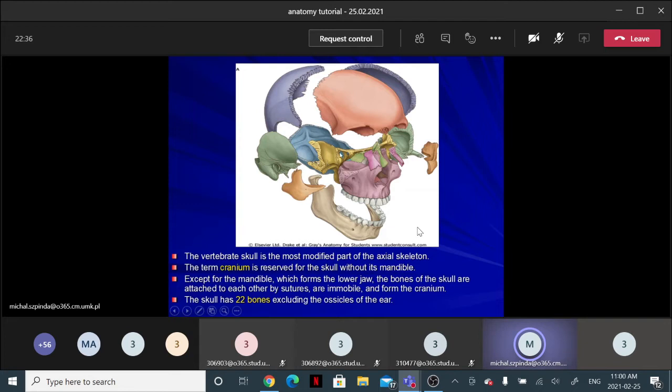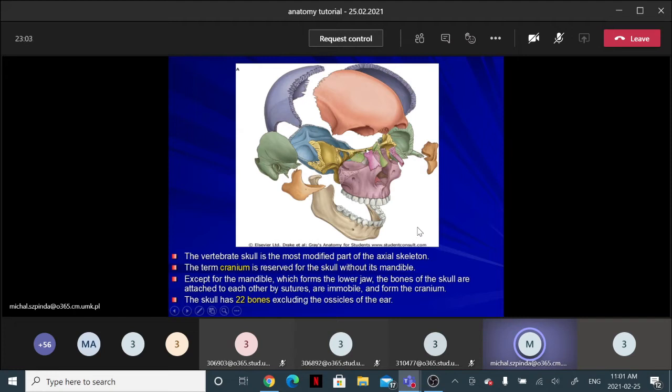It has 7 parts, 1 body and 3 pairs of processes. These processes are lesser wings, greater wings, and pterygoid processes.